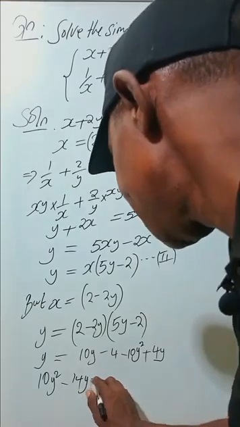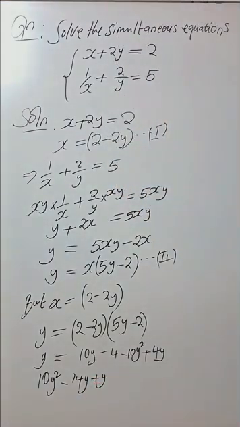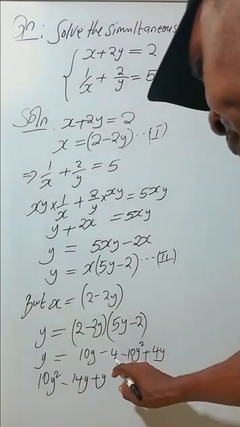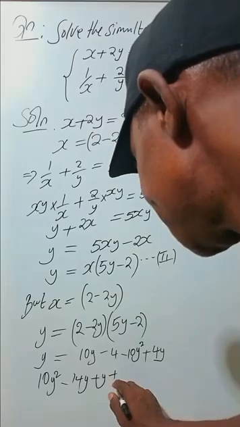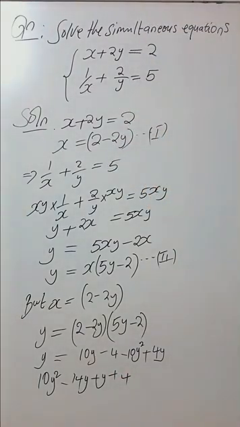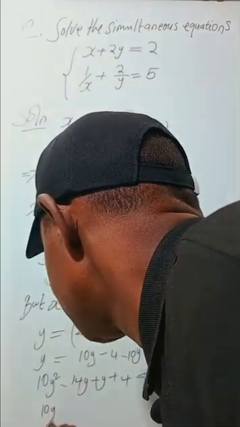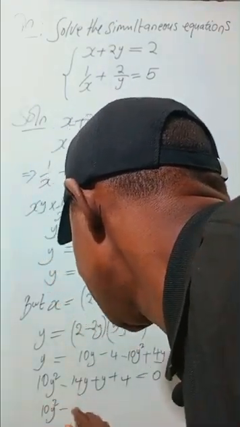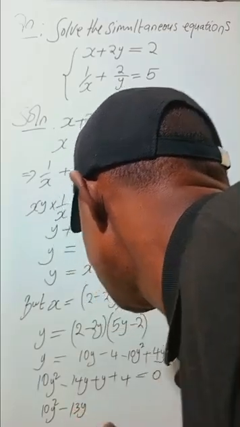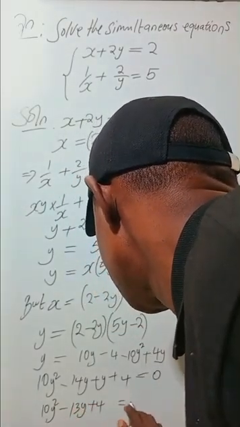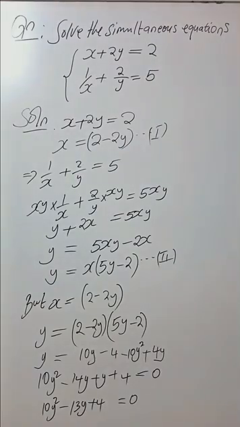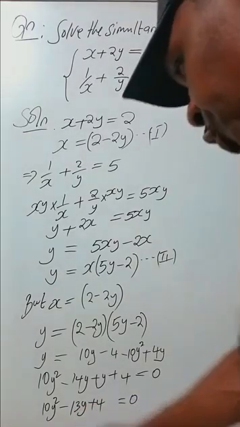Then there is y on the left hand side, and we add y to it. What else have we left on the right hand side? Negative 4. When it goes to that side, it becomes positive 4. This side will be equal to 0. So here we get 10y squared minus 13y plus 4 equals 0. Okay, we have got our quadratic equation.